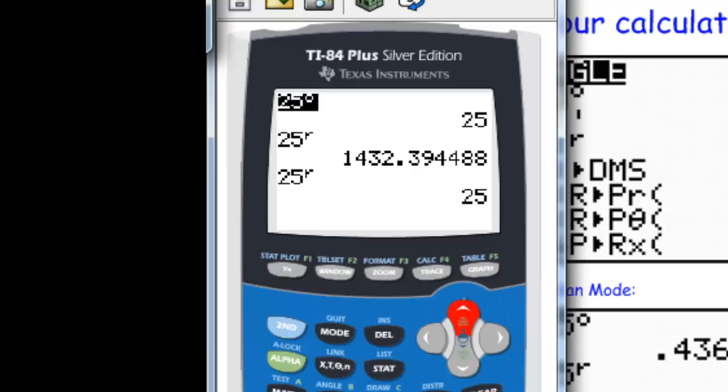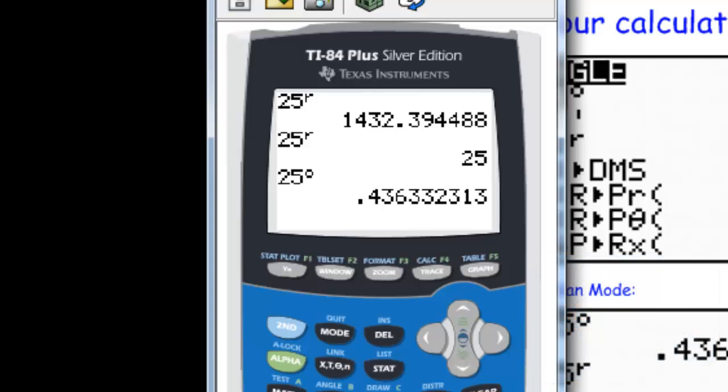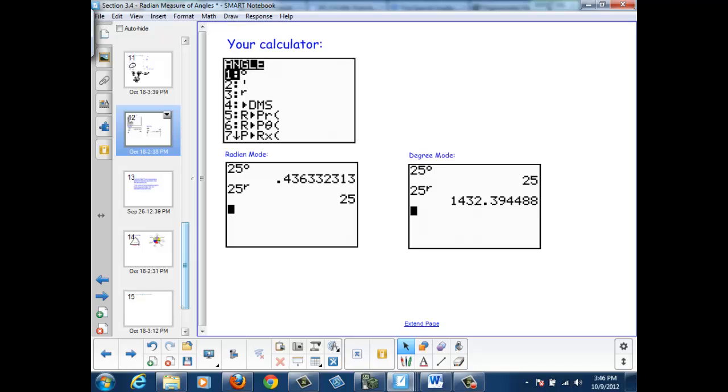If I input 25 degrees in radian mode, I end up with 0.436 radians for 25 degrees. So that's what you need to know about radians from this section.